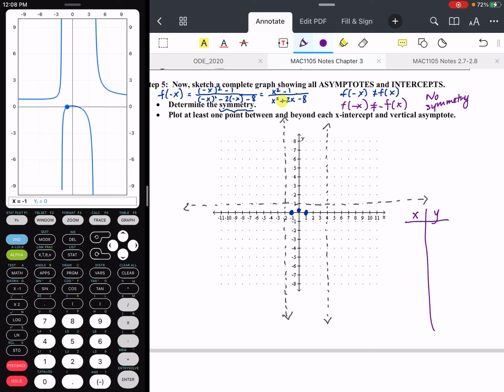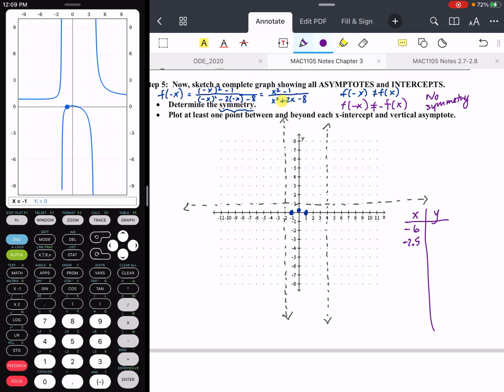So here's x, y. All right, so maybe, let's see, maybe I'll do like negative 6. And then I'll do maybe negative 2.5 to get pretty close to that asymptote.